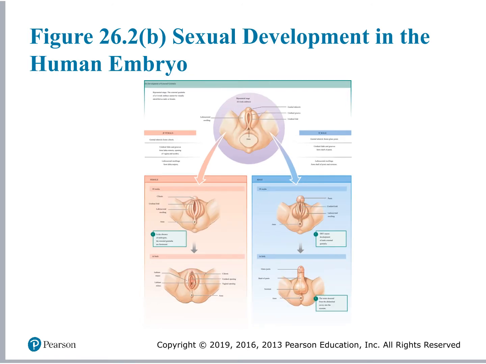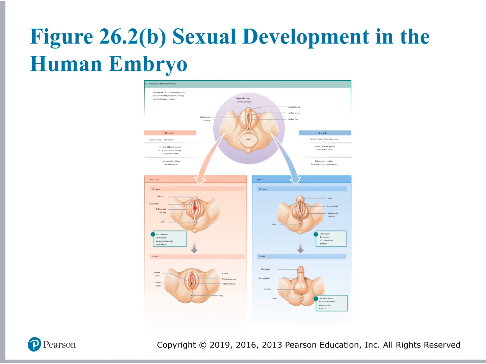And then when it comes to the external genitalia, we have the genital tubercle, the urethral folds and grooves, and then the labioscrotal swellings. If it is female, then the genital tubercle will develop into the clitoris. The clitoris is the only erectile tissue in the female reproductive system, and it does become engorged and erect during intercourse.